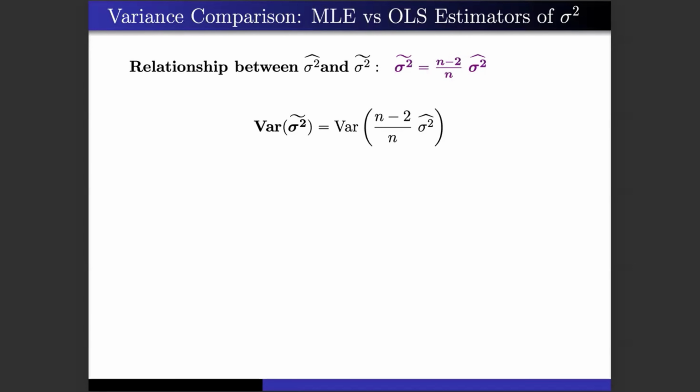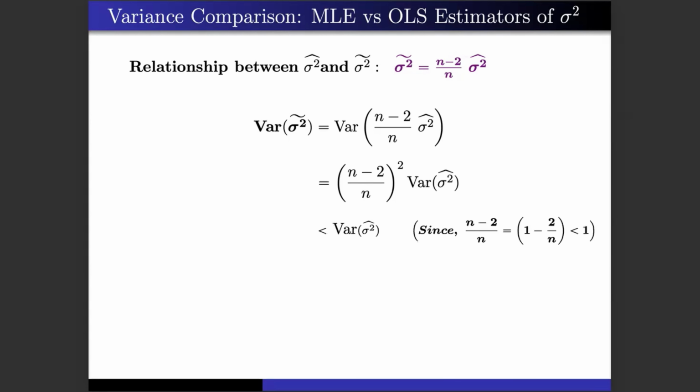Using the above relationship, sigma square tilde can be written as n minus 2 divided by n times sigma square hat. And if we look at the first term, n minus 2 divided by n, it is a constant. And using one of the properties of variance, that if we pull a constant out of a variance, we get the square of that constant outside, we have n minus 2 divided by n, whole square, times the variance of sigma square hat.